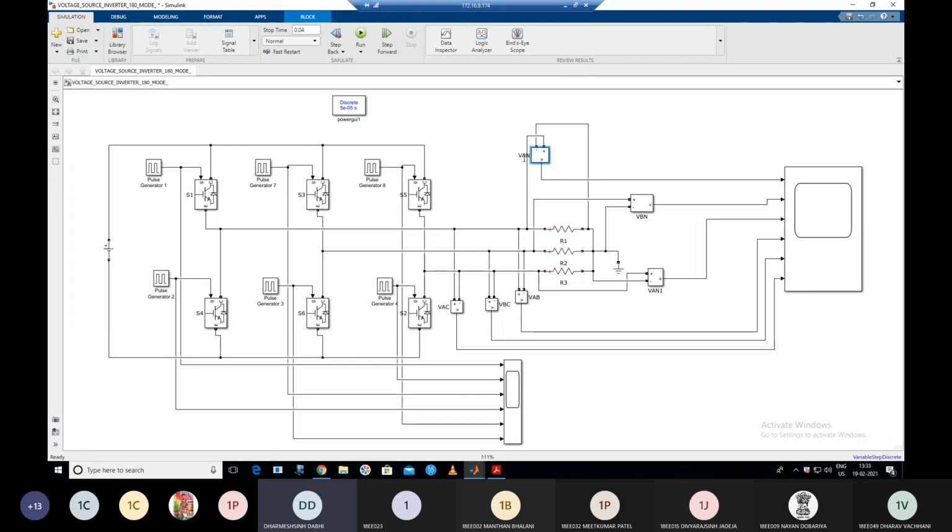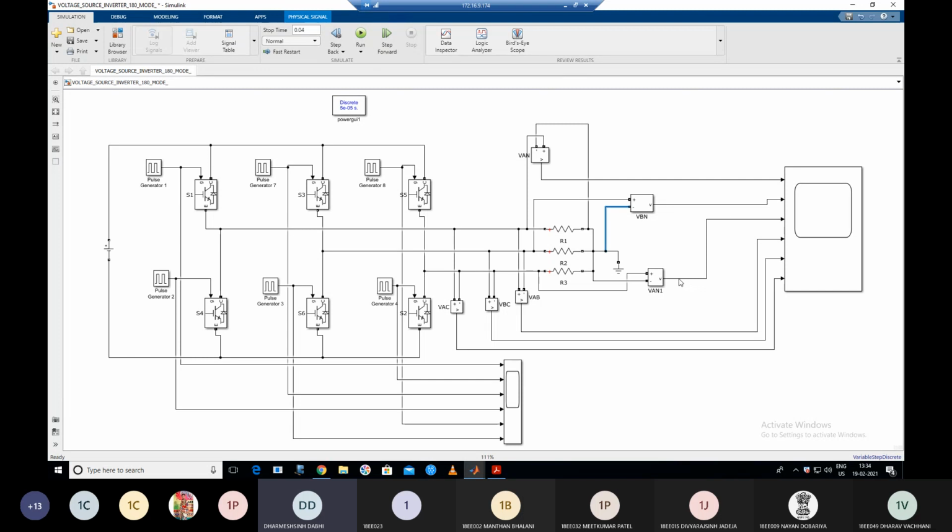N means neutral, A means phase A. The positive terminal is connected at the positive side, and the negative terminal of the voltmeter is connected with the common neutral point. Clear? So this voltmeter output gives the phase A voltage that I measure in scope number 1. Same way phase B, positive connected here, negative connected with the neutral, and then the output we measure at the second axis of this scope.